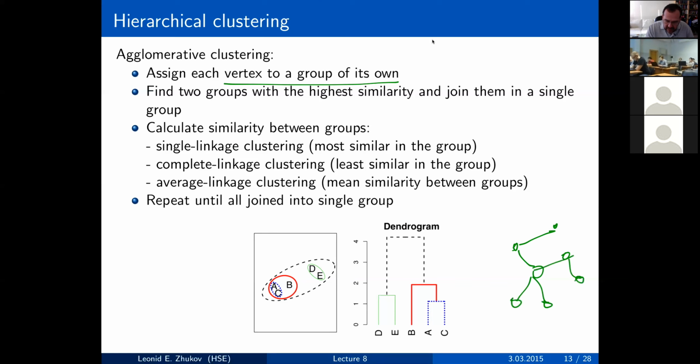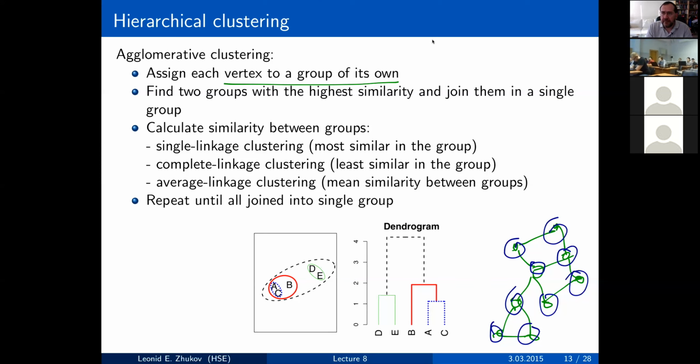But what we're going to do is cluster them based on similarity. So first we compute the similarity metric, then we assign every node of this graph to its own cluster, and then we start merging those nodes based on the similarity between them, a similarity based on the connectivity pattern.